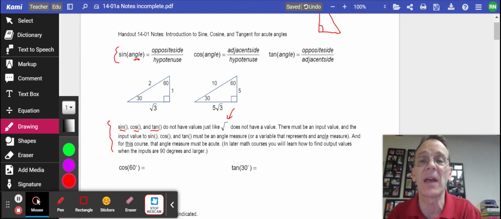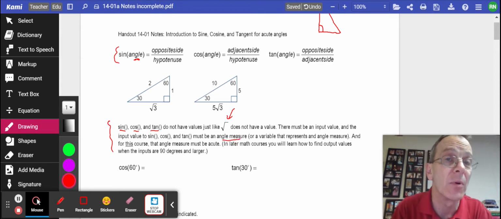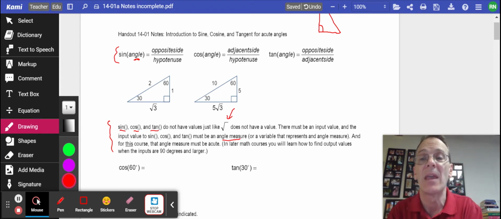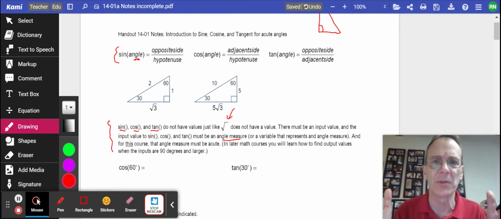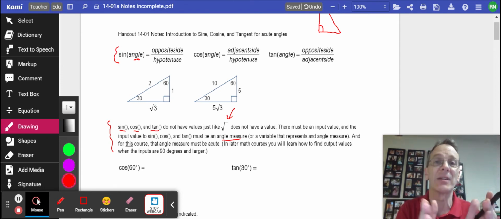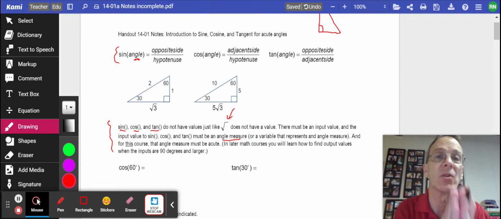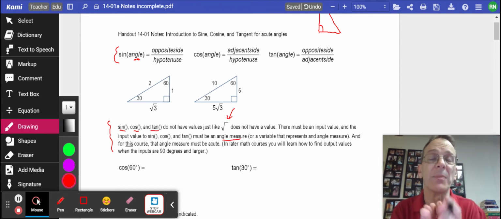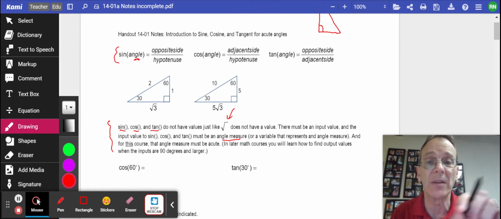So there must be an input value, and the input value must be an angle measure, as I was just saying, or it could be a variable that, again, represents an angle measure. And for this course, for geometry courses, almost always, universally, when you're learning trigonometry in a geometry course, the angle must be an acute angle. We're not going to be putting 90 degrees into any of these three functions.